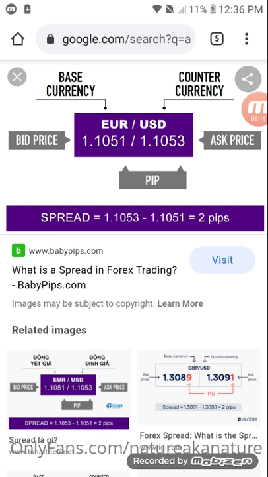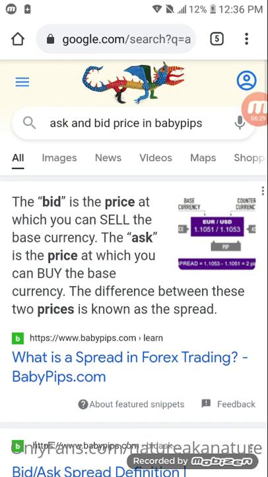Now let's explain the bid and the ask price. The ask price is where you buy, and the bid price is where you sell. The bid price is at which you can sell the base currency, and the ask price is at which you can buy. The difference between these two prices is known as the spread, and we'll talk about that.